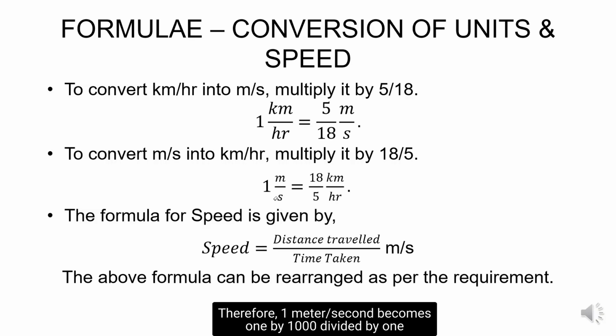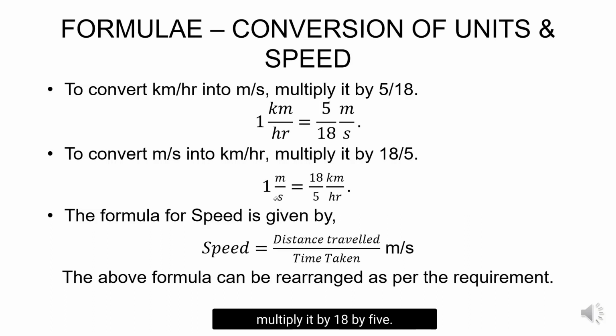Therefore, 1 meter per second becomes 1 by 1000 divided by 1 by 3600, which upon rearranging would give 3600 by 1000, which is equal to 18 by 5 kilometer per hour. So if we want to convert 1 meter per second into kilometer per hour, we have to directly multiply it by 18 by 5.